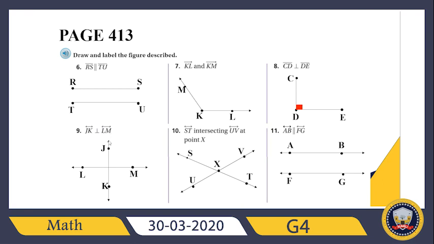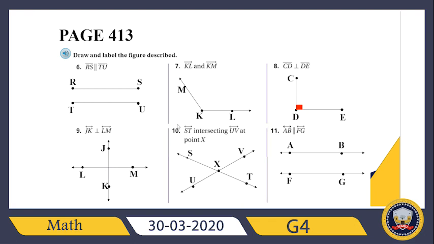If I draw JK like this, and I want to make another line perpendicular, I know perpendicular lines intersect at one point, and also after intersecting, this angle should be a right angle. So I can draw line LM like this. They intersect at this point and these angles are right angles.